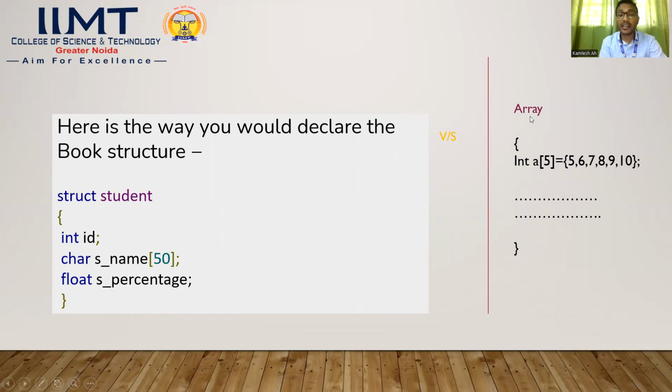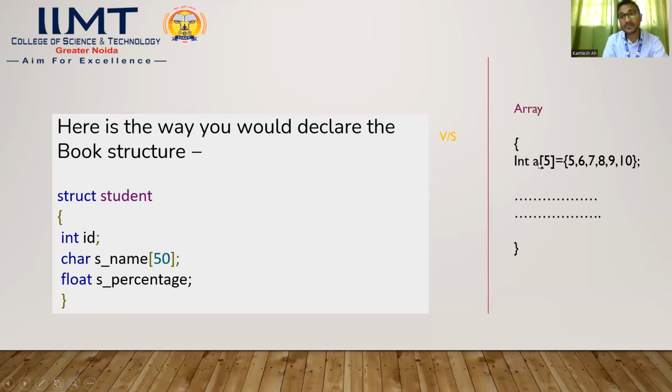And what is an array? What is the difference between array and structure? We know that array is a collection of similar type of data items, any homogeneous items. If we create the array, here A is an array and size is 5. What type of array? Integer type.